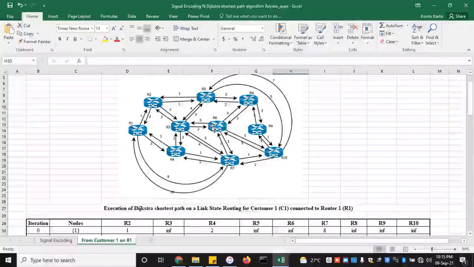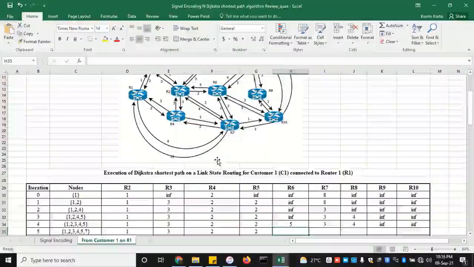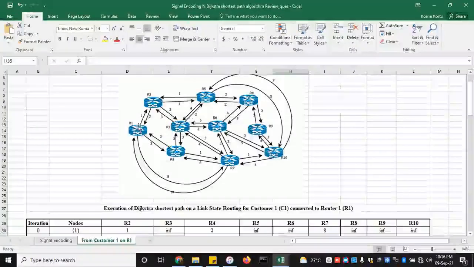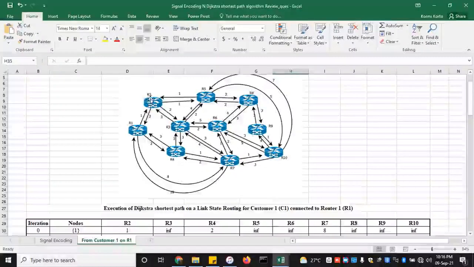So you notice, sometimes passing through a number of nodes actually has a least cost than going through only 2 nodes or going through limited nodes. Okay. So 6 will still go from R1 to R2 to R3 to R6, which is 5.